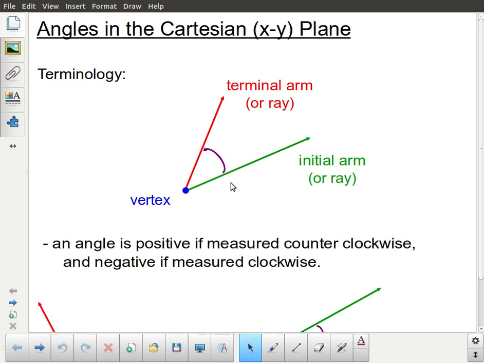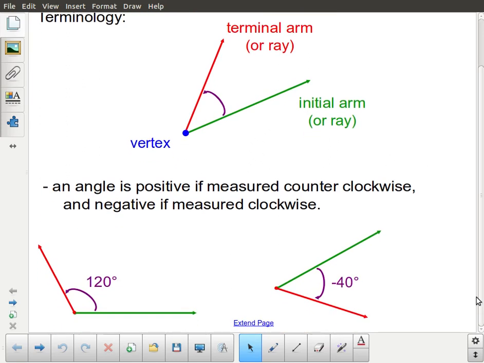So the initial arm to the terminal arm, that's going to describe a particular angle. The convention for this is if my rotation is counterclockwise, which is what is shown here, then that would be a positive angle. And if the rotation is clockwise, that's going to be a negative angle. So you can see the direction of the rotation from the arrows. In this case, I've kept my color coding from before.